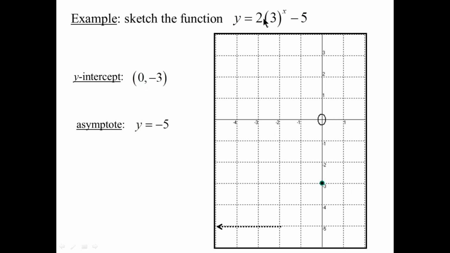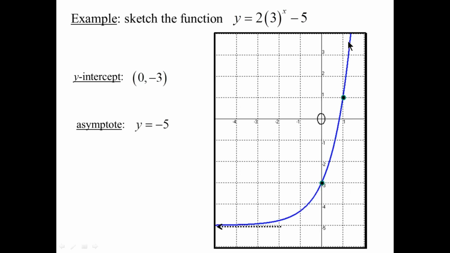If I subbed in 1 for x, it would be 2 times 3 is 6, minus 5 is 1. So it should go through 1, 1, right there. And now we know that this graph is taking off asymptotic to this asymptote, up through this y-intercept and taking off sharply, steeply up through that lattice point and on and up like that.